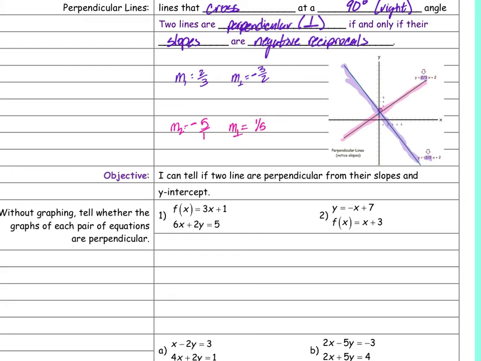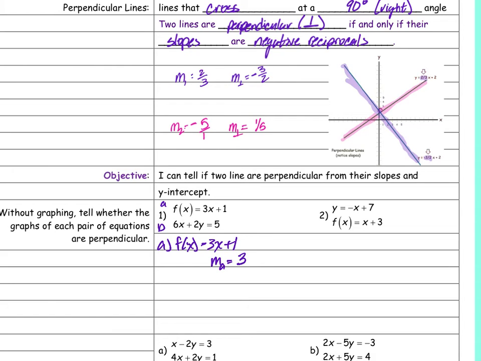For line A and line B, just because it's easier. Line A is f(x) = 3x + 1. It's already in slope-intercept form, so the slope of line A is 3.